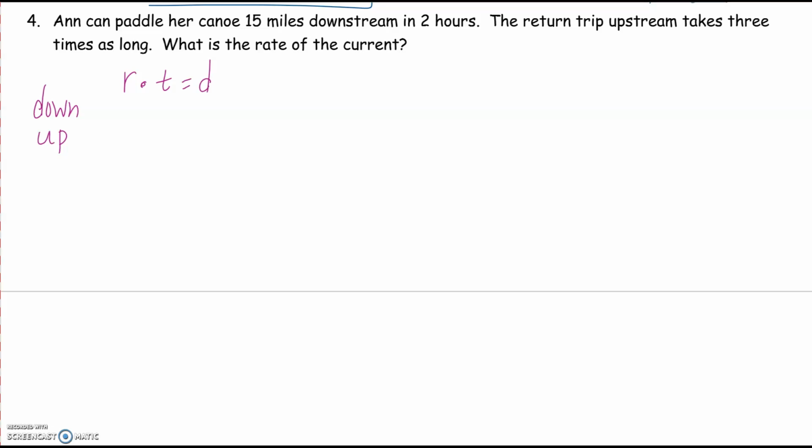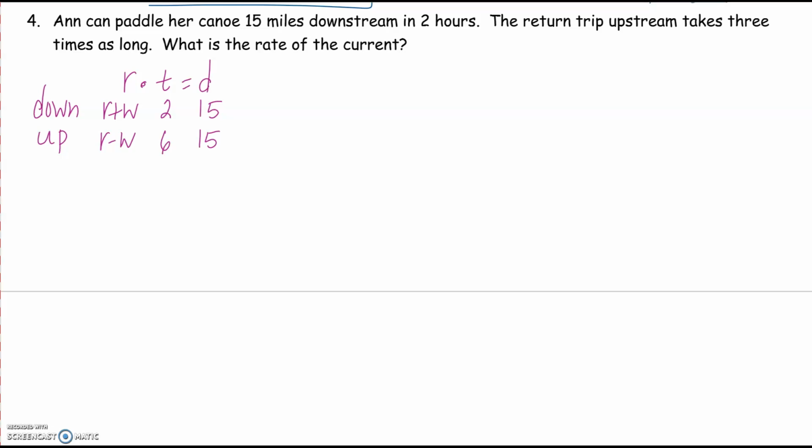So this time, we know her time is 2 hours. We know the distance is 15. So it's our rate, R plus W going down. The return trip is R minus W for the rate, but it takes 3 times as long. Well, 3 times as long means 2 times 3, or 6. And she's still going 15 miles back.